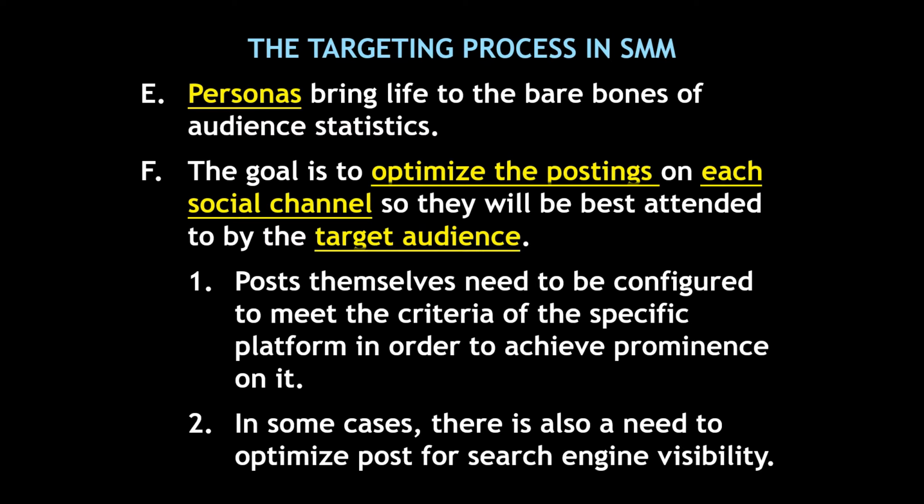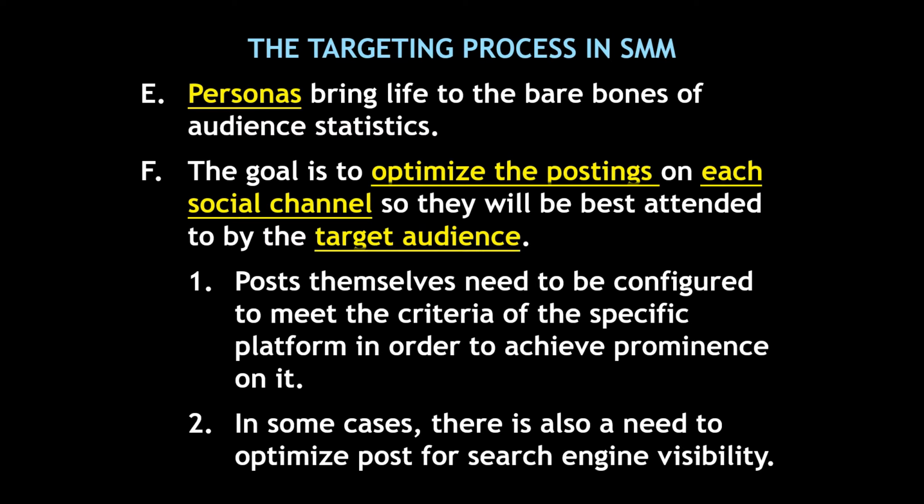Because the goal is to optimize the postings on each social channel so that they will be best attended to by the target audience. So we want to make sure that the things that we are saying are going to mean something to those that we're trying to reach out to in a very intentional and specific sort of way.